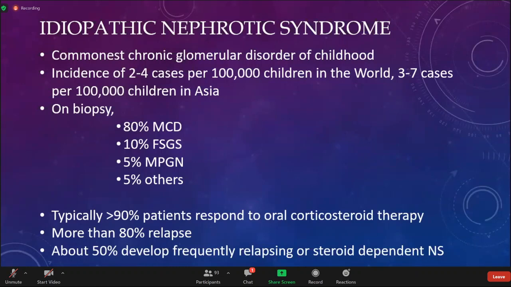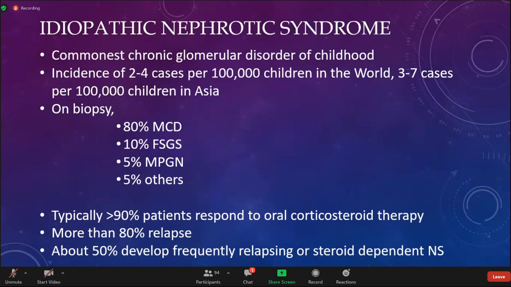And as I mentioned, there can be etiological classification, then you can have histopathological classification, and then you have clinical classification depending on the steroid sensitivity. More than 90% of patients respond to oral corticosteroids.